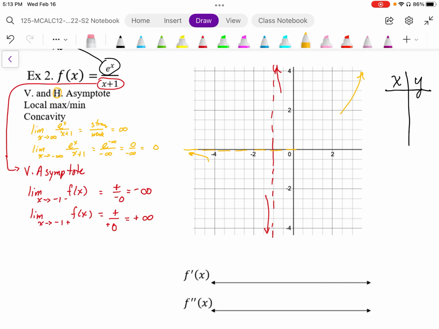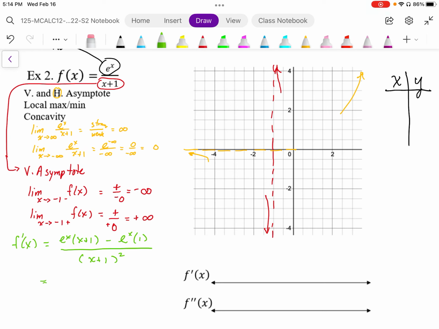So we're going to get a derivative. Our first derivative, f prime of x, is going to give us e to the x times the denominator minus e to the x times the derivative of the denominator, all over x plus 1 all squared.